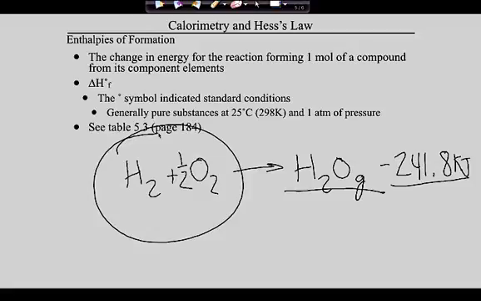And so, guys, you can go through and you can now understand that each one of these values actually represents a synthesis reaction. Think about that. Each one of these values represents a synthesis reaction where the atoms are bonding together to make the compound. So if you go top right, let's look at HCl.